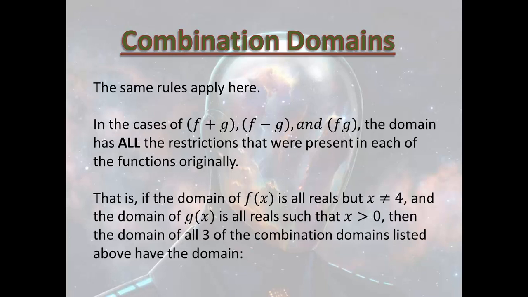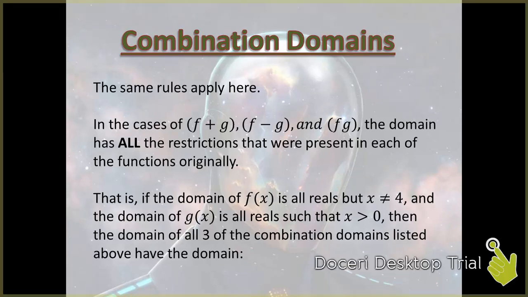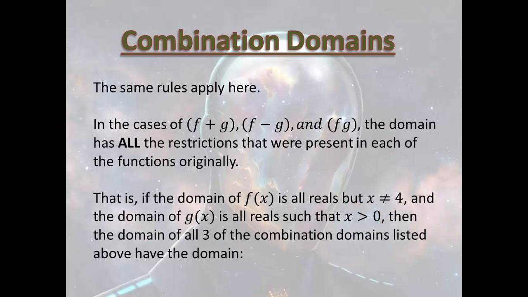So let's say that you had a domain for f of x that included everything except x equals 4. And the g of x function happened to be everything greater than 0. That means that your final domain will include both of those characteristics. All real numbers greater than 0, but x cannot equal 4.